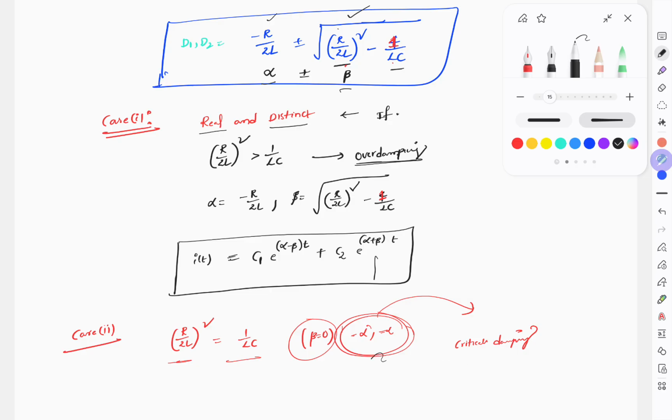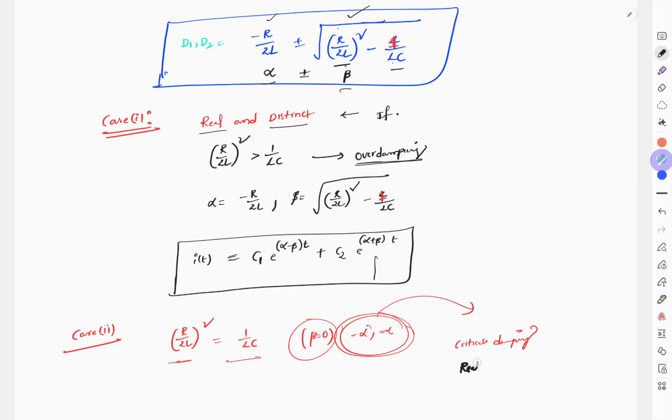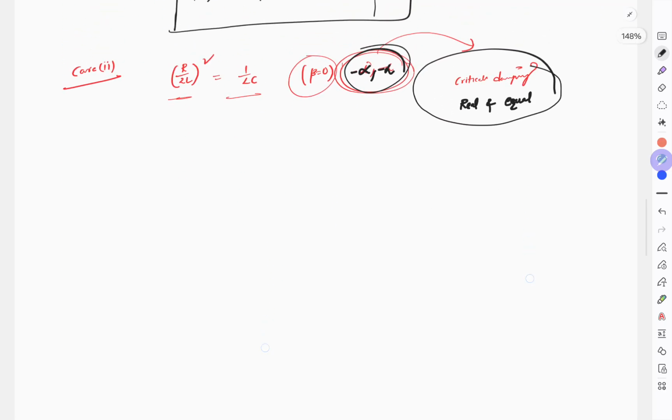If they are real and equal, not distinct, real and equal, this one is minus the same, right? They have come the same, right? So if they are real and equal, then it is a critically damped system. Okay, you got this. So how can you write the formula?